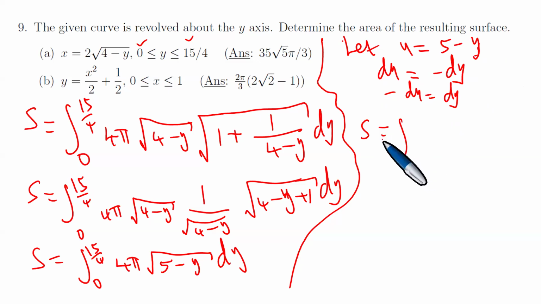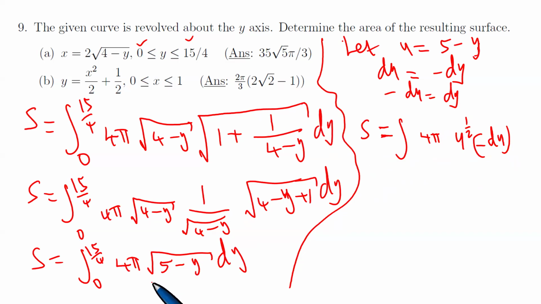So that we have the integral from 0 to 15/4 of 4 pi u to the 1/2, and dy is minus du. Good, and now we come here.